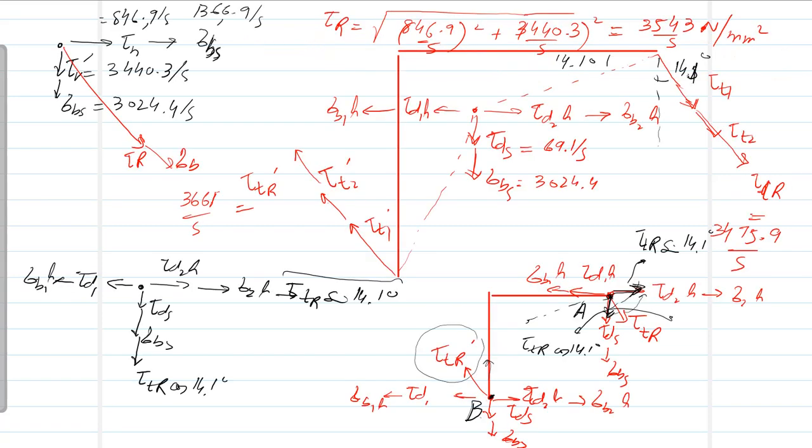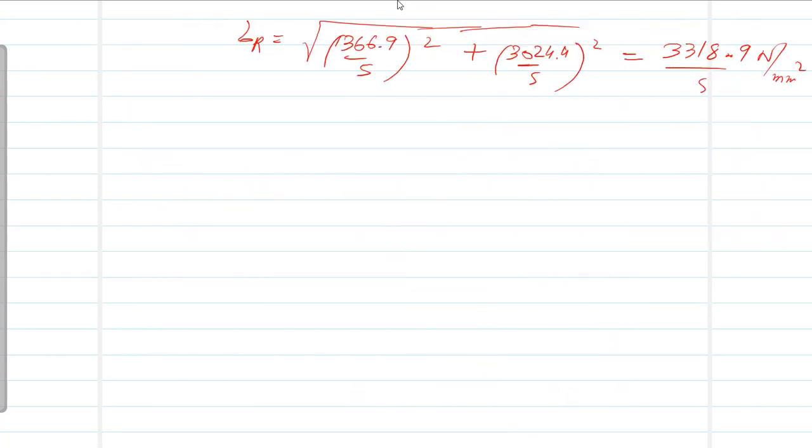Clear? So now we have to use the Mohr circle formula, which is tau allowable is equal to 1 by 2 into the square root of sigma r square plus 4 tau r square. Clear?